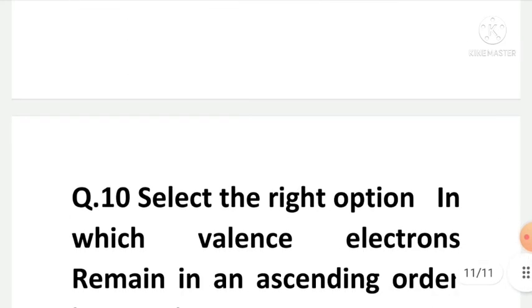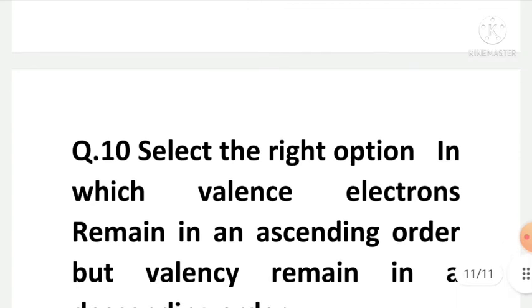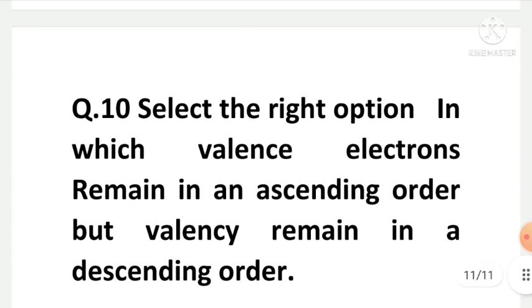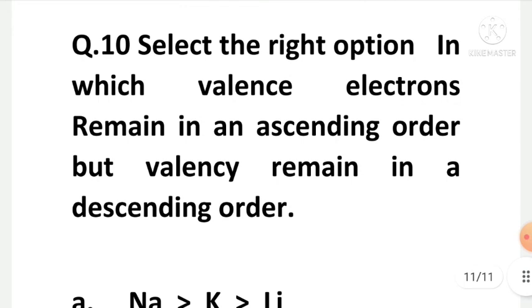Now question number 10. Select the right option in which valence electrons remain in ascending order but valency remains in descending order.